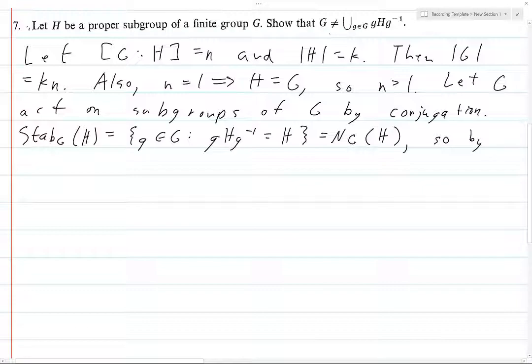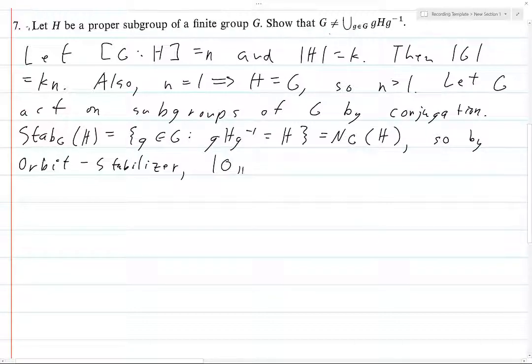So by the orbit-stabilizer theorem, which I don't think is called by name in Jacobson's textbook, but it's stated there.